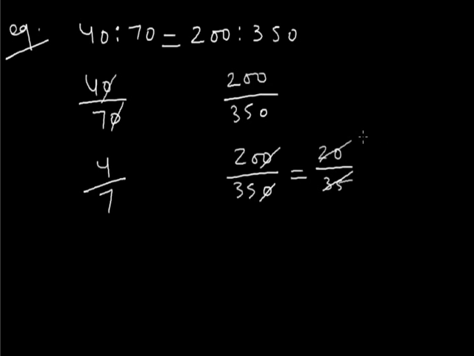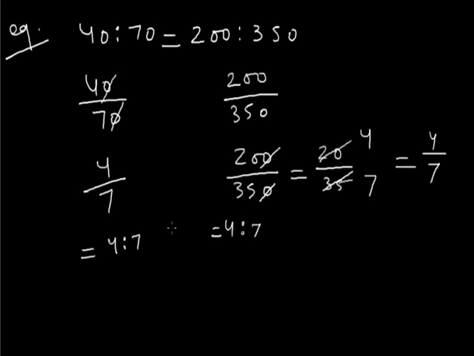Cancelling that factor, I get 20 as 4 multiplied by 5, so 4 in the numerator, and 35 as 5 multiplied by 7, so 7 in the denominator. So 20/35 in its lowest form is equal to 4 divided by 7. So the ratio 40:70 is equal to 4:7, and similarly the ratio 200:350 is equal to 4:7.